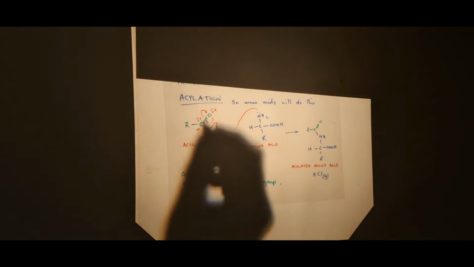Now that is a mistake. The carbonyl bond is polar. Delta plus on one side should be delta minus on the other side. So to make that clear, there should be delta minus.